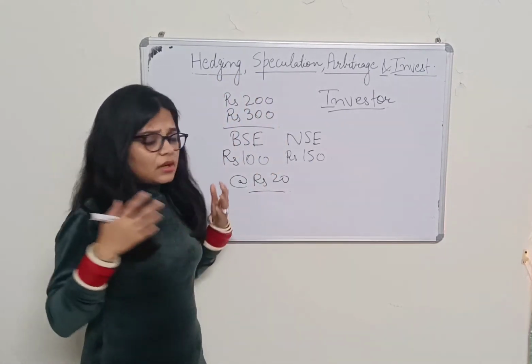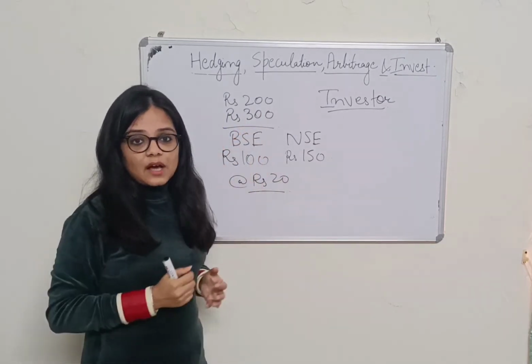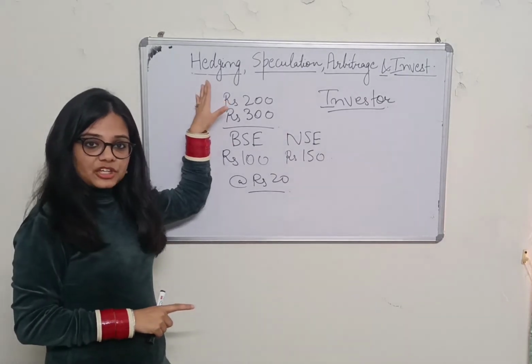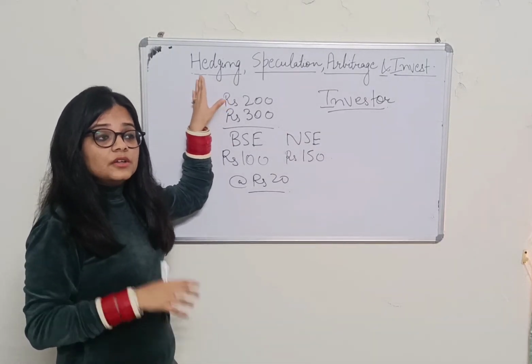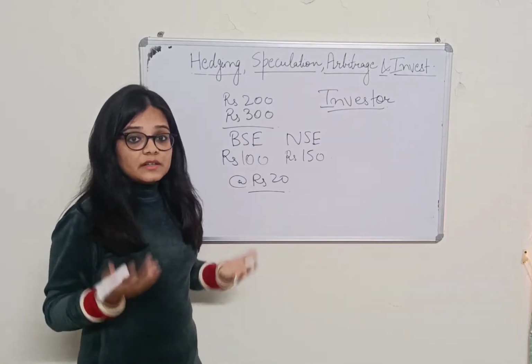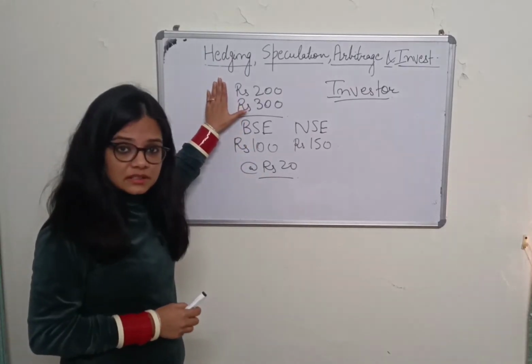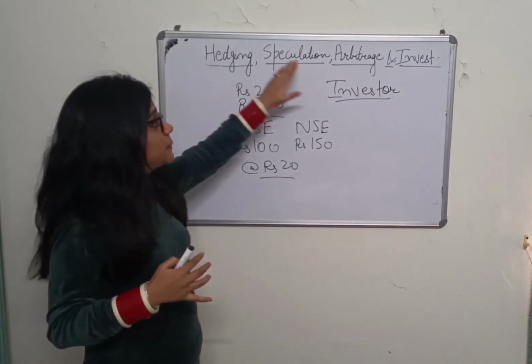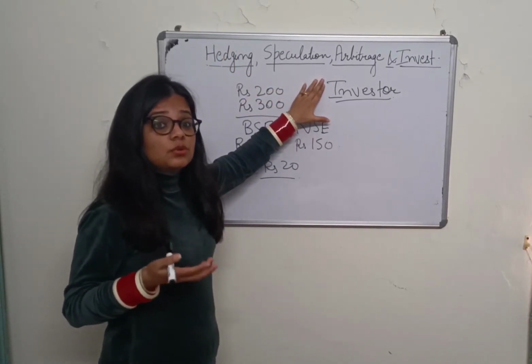अब आपको लगेगा कि इनमें डिफरेंस क्या है, राइट? So see, if I talk about hedging, हेजिंग तो समझ आ गया. हेजिंग means the person who is a risk averse person, which means he doesn't like to take risk. That means he will avoid risk, he will protect himself from risk. A speculator is a person who loves risk.